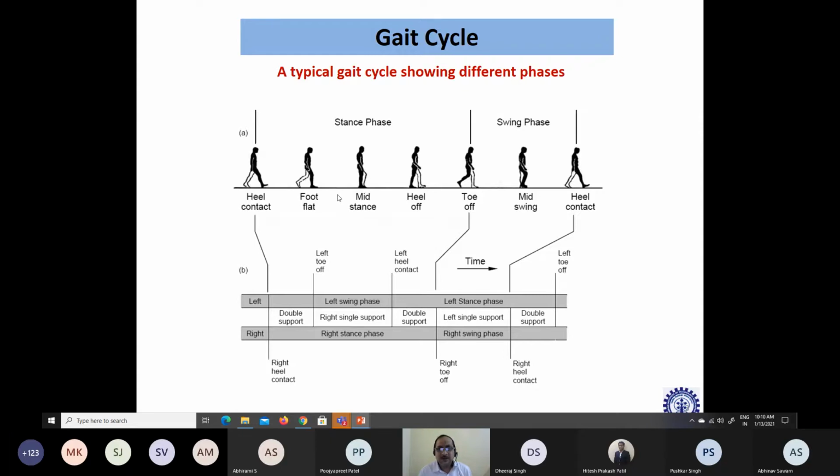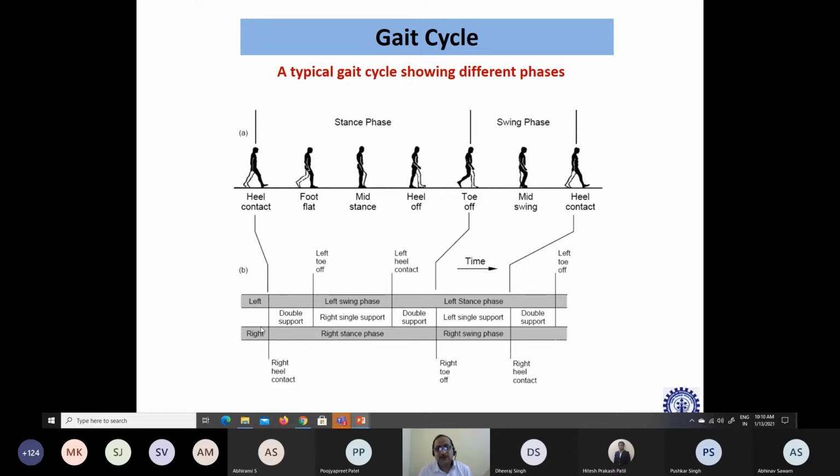When you try to understand the gait cycle, you have to concentrate on one foot, the right foot or the left foot, because there is a lag between the right foot and the left foot. As shown on two bars, we have a left foot and a right foot.